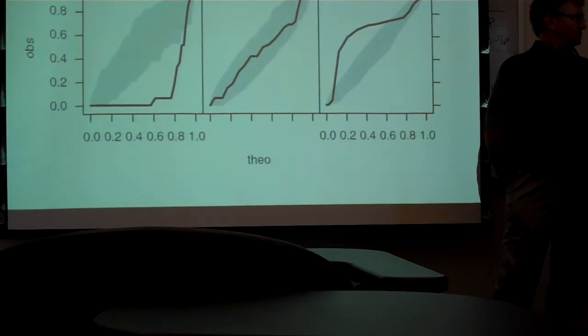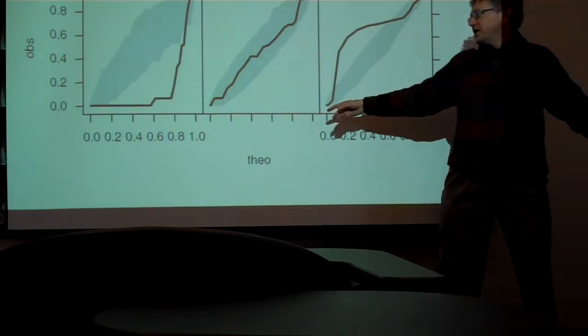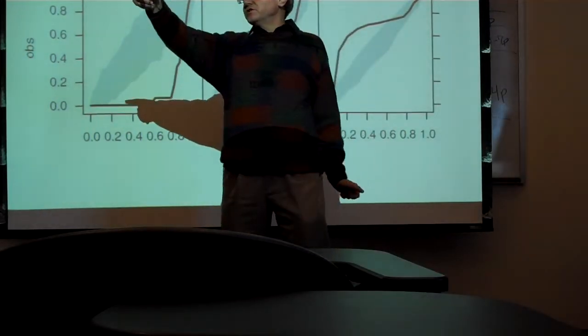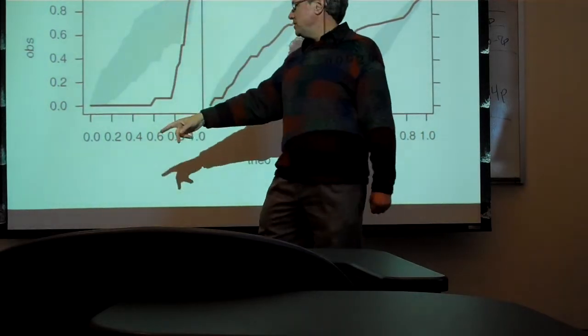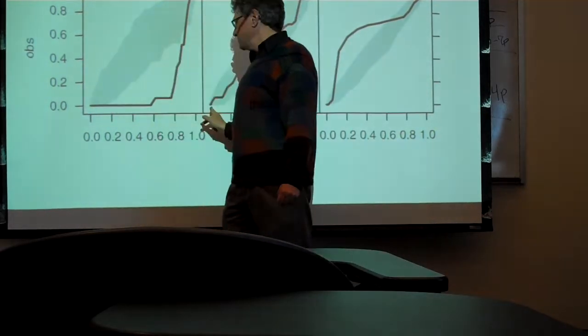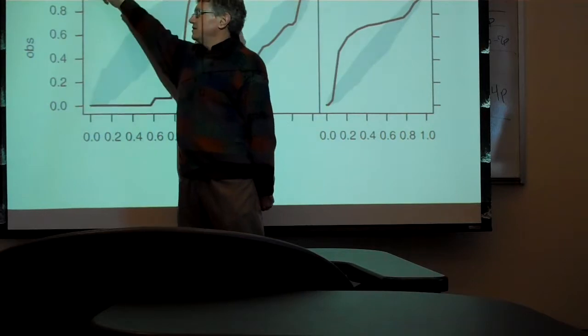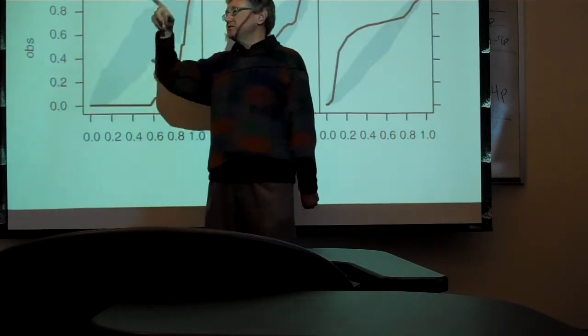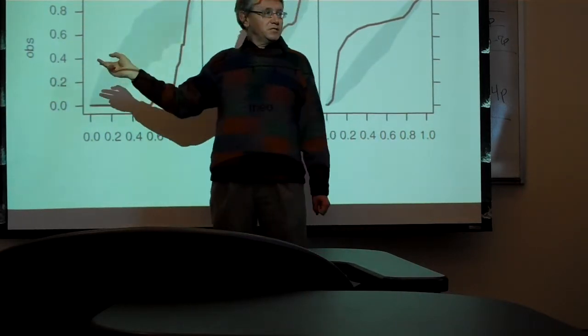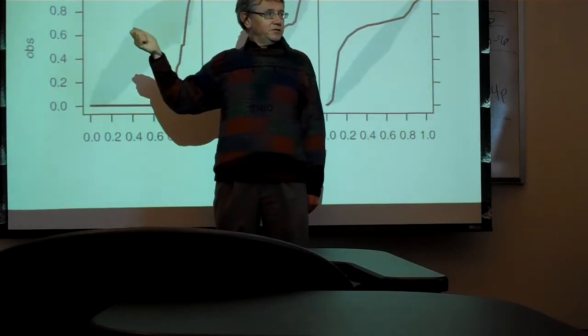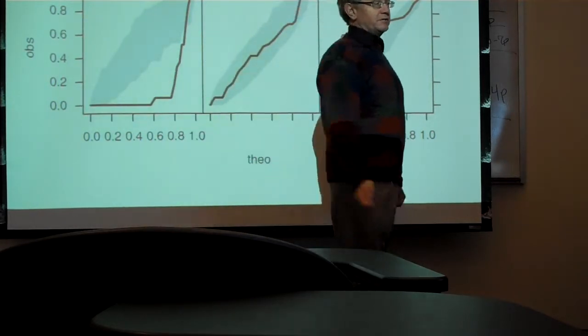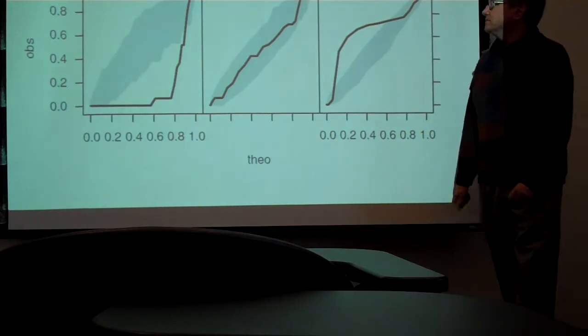And what this is actually plotting, this is not actually the g function that I've drawn there. It's not g versus distance. This is the empirical g versus the predicted g under complete spatial randomness, which is 1 minus e to the minus lambda pi r squared.